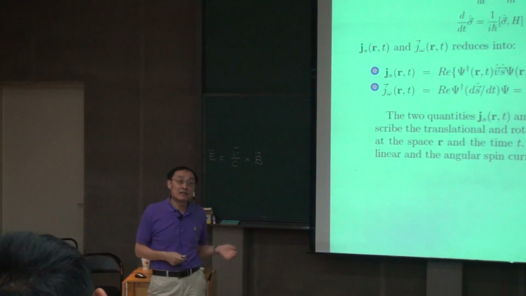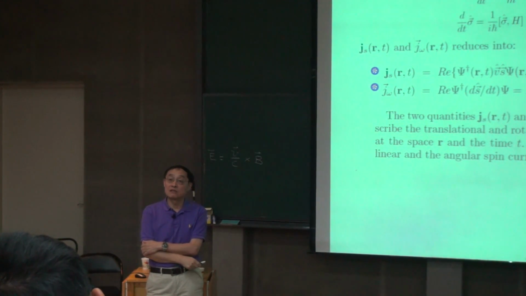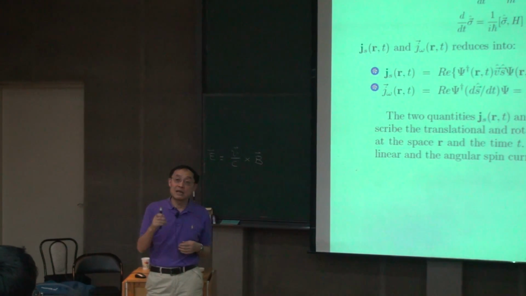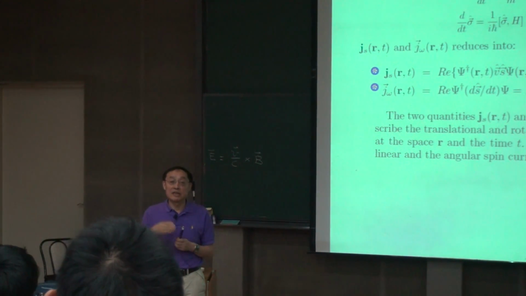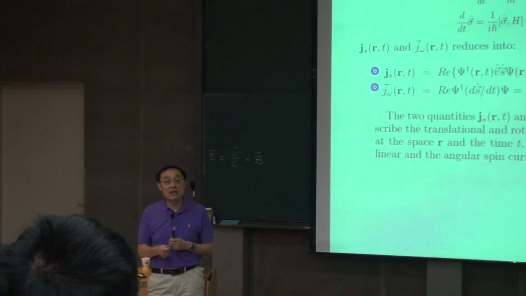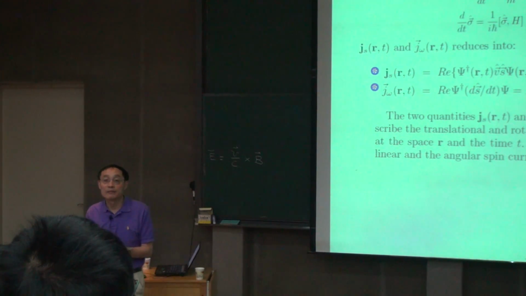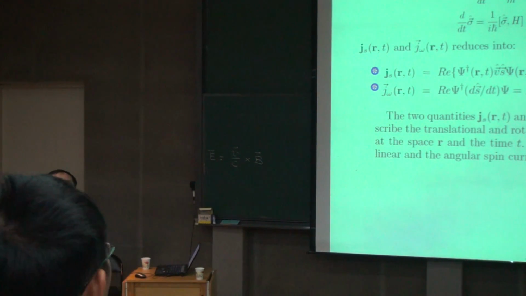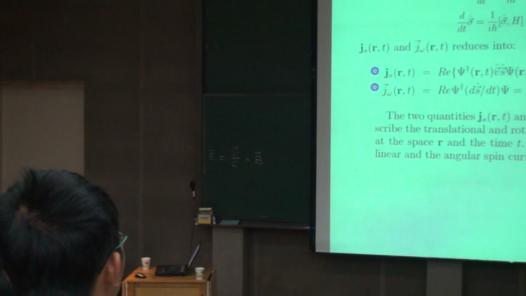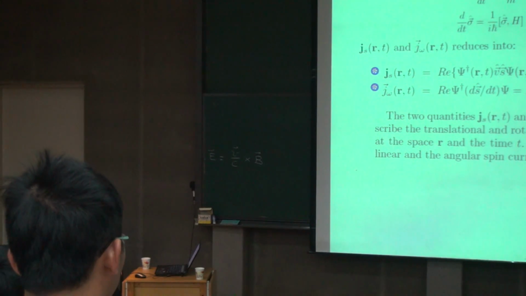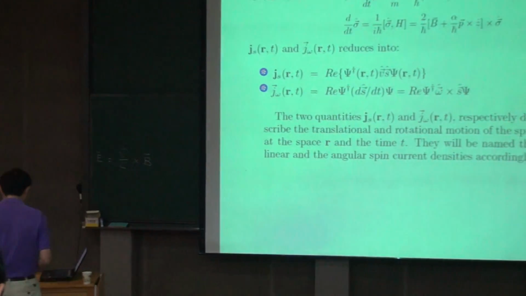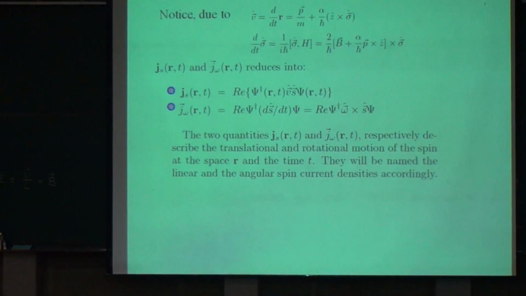So that electric field is non-zero. If you have a pure spin current, it won't create a magnetic field, but it will create an electric field. Of course, electric field is a measurable physical quantity, so you can detect the electric field if you have a spin transfer.